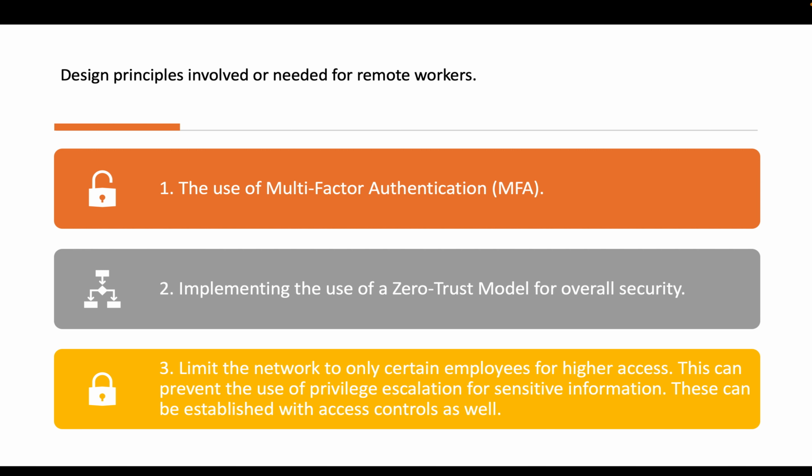So you can't have a low level employee try to access the core of the network itself, because if that low level employee's information were to be breached, then potentially this could be another attack vector which could be able to actually access sensitive information within a company. So probably administrators and managers should be able to have access to the higher levels of security within the network. So that can be established with actual access controls.